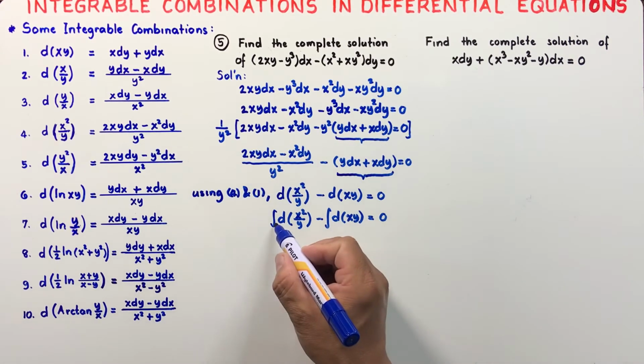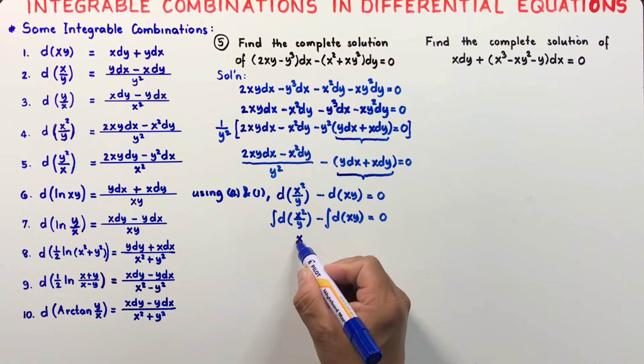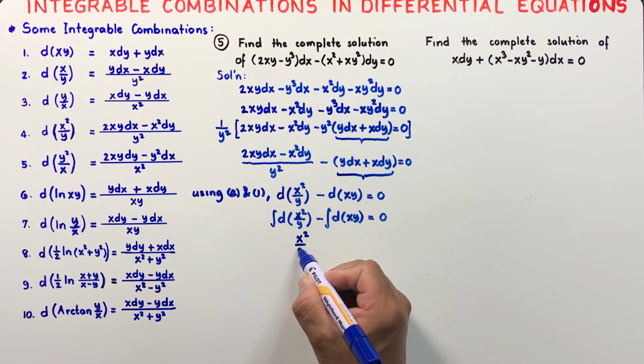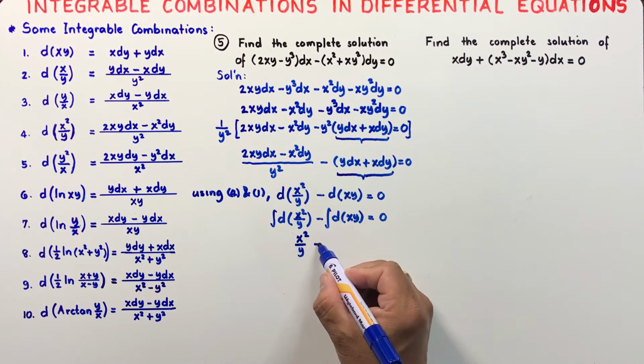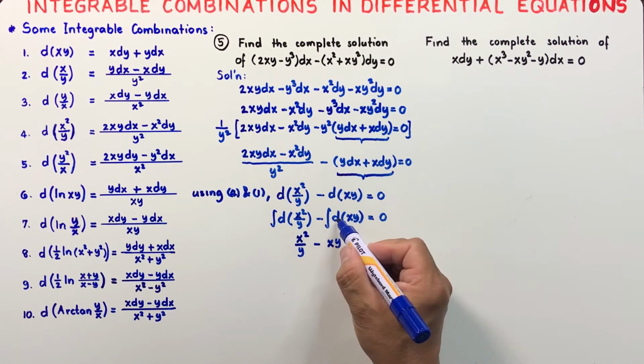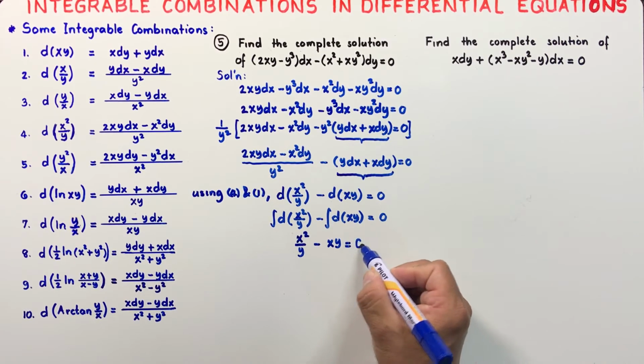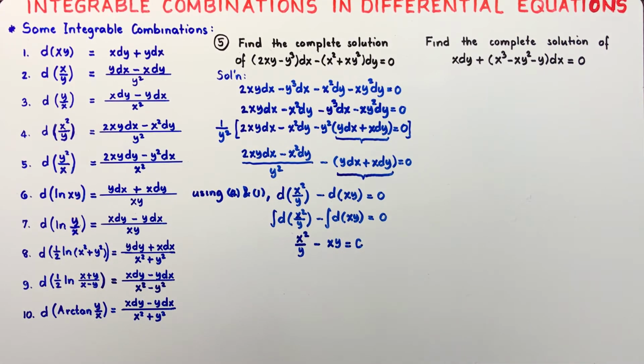And we know that the integral of the differential cancels each other. So we have x squared over y minus x times y, because the integral and the differential cancel each other. And this is equated to the constant of integration c.